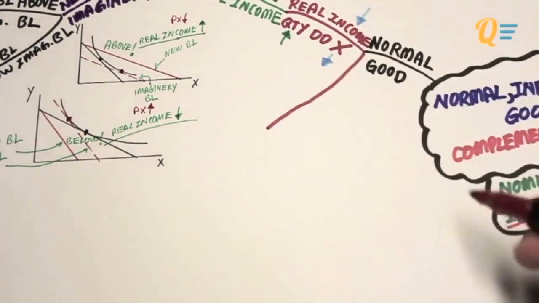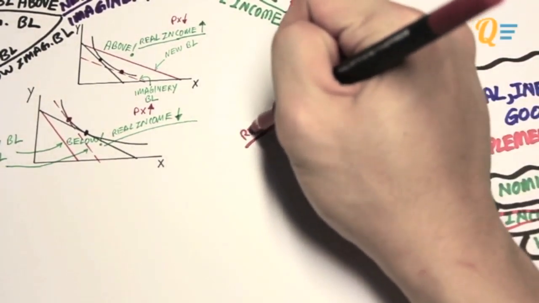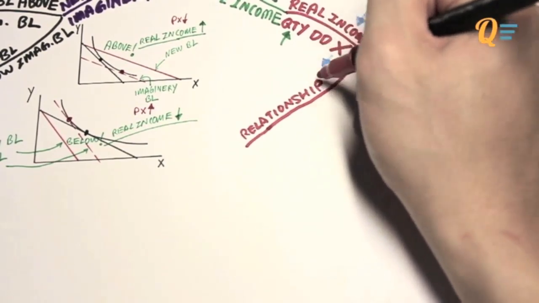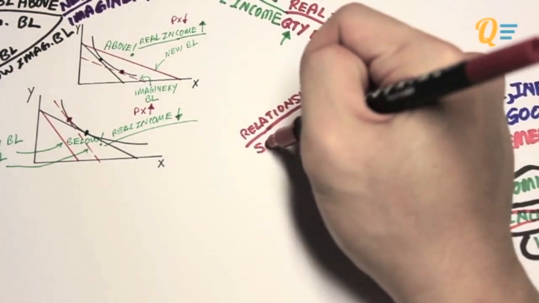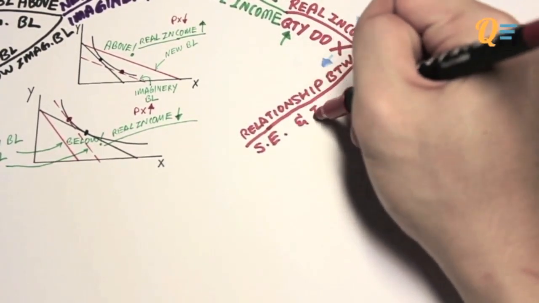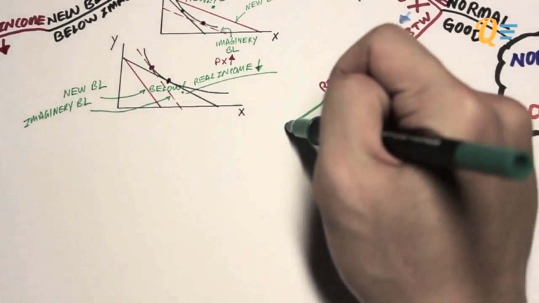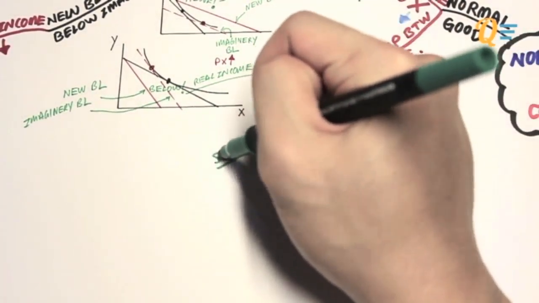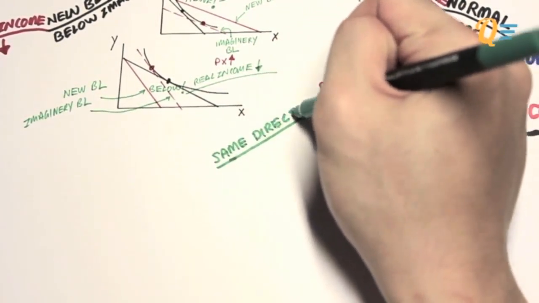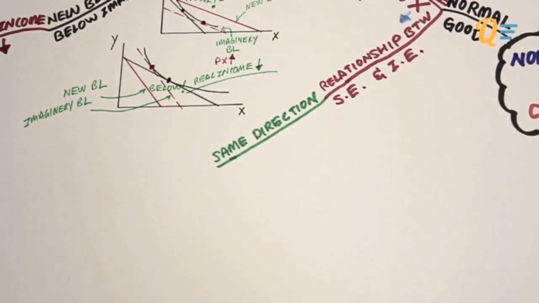From there, we can actually talk about our normal good. Now, we need to understand the relationship between the substitution effect and the income effect in the case of a normal good. If good X is a normal good, you will notice that the substitution effect and the income effect move in the same direction. What do I mean by the same direction?